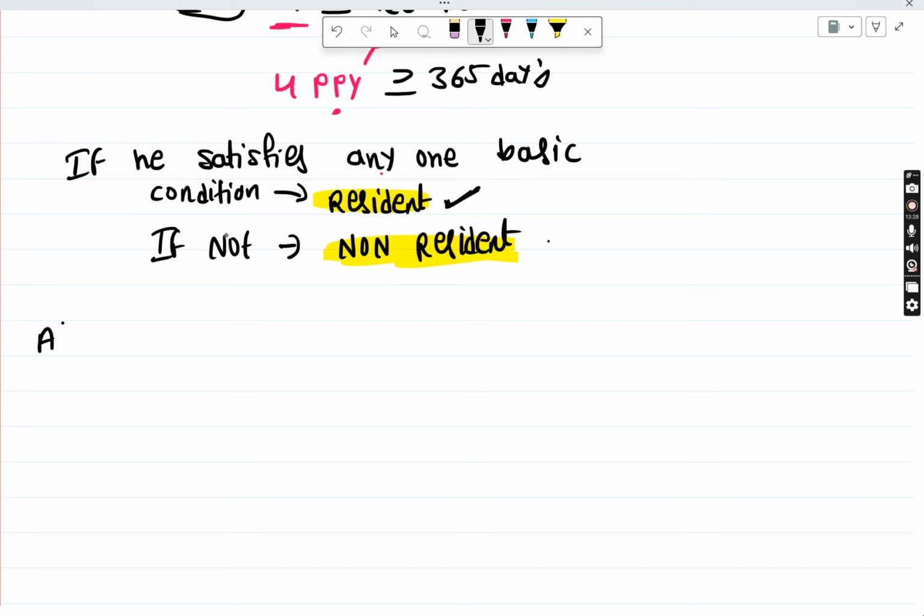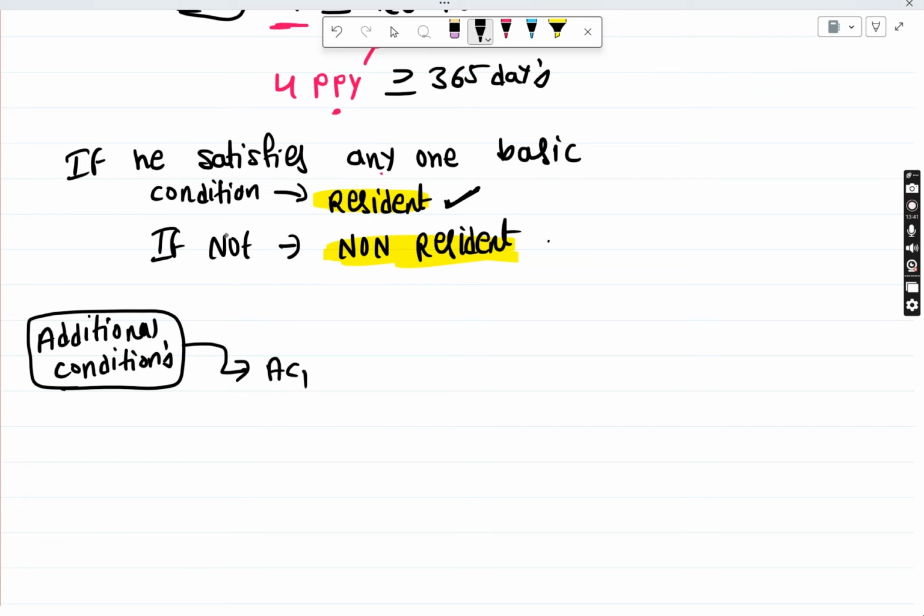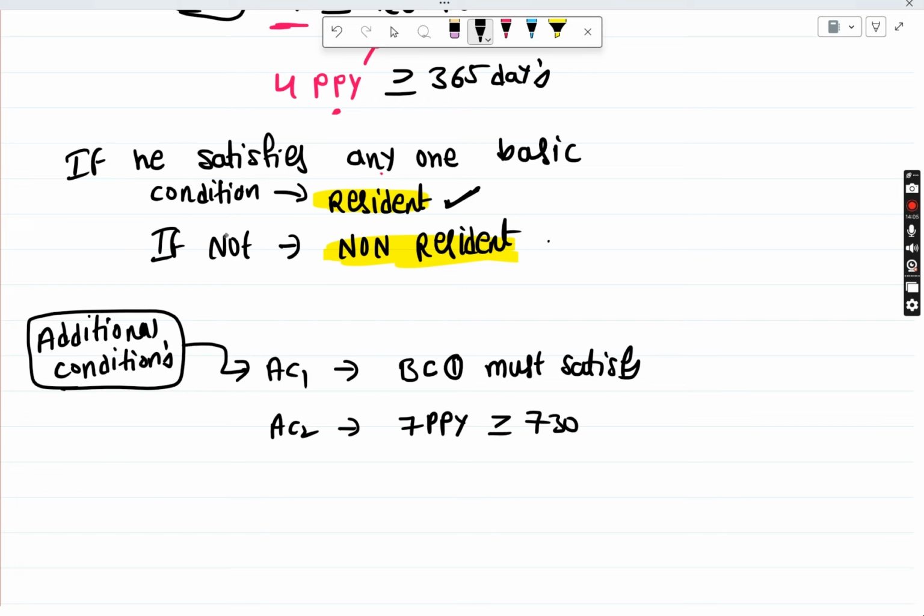Then check additional conditions. So what are these additional conditions? In additional condition 1, basic condition 1 must be satisfied. Additional condition 2, in the last 7 preceding previous years he stayed more than 730 days.